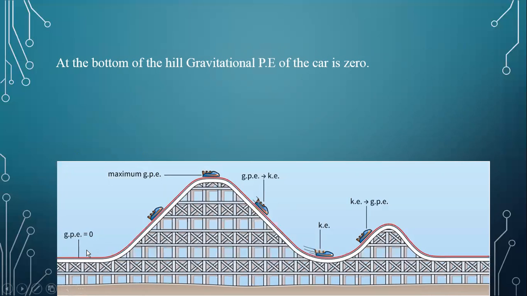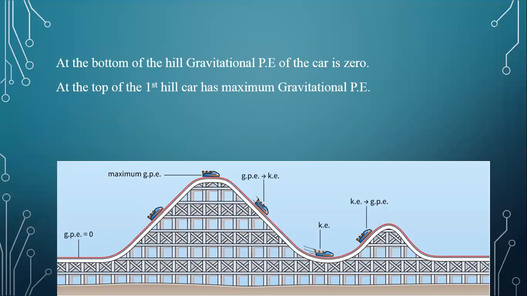At the bottom of the hill, the gravitational potential energy of the car is 0. But when it moves upward, at the top of this hill, it has maximum gravitational potential energy. आप ये कह सकते हैं कि while moving upward, its potential energy is continuously increasing, and at that point it has maximum gravitational potential energy.